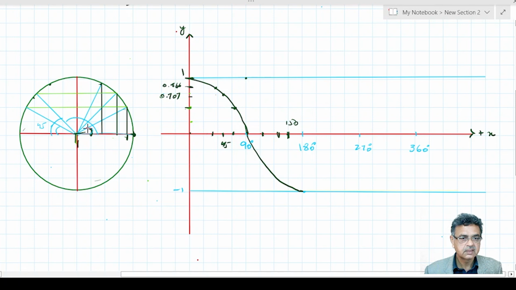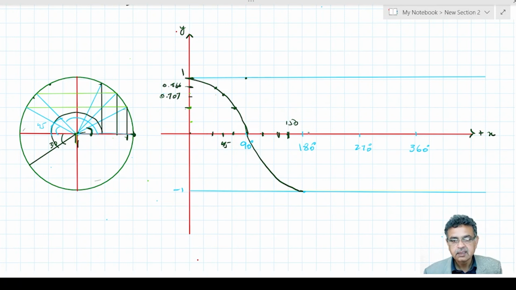Now look, if I draw the line parallel to this, extending this way here, that will be this reference angle, or you can say basic angle, is 30 degrees, and the total angle from here will be 210.